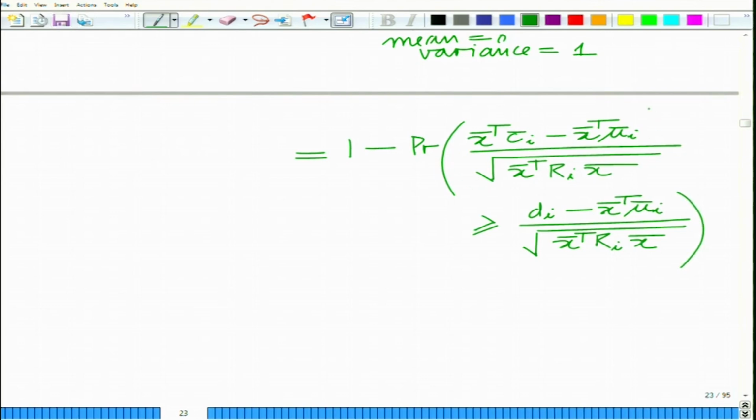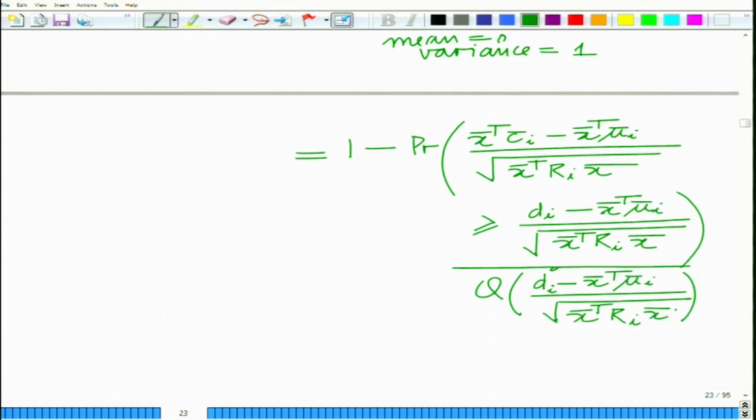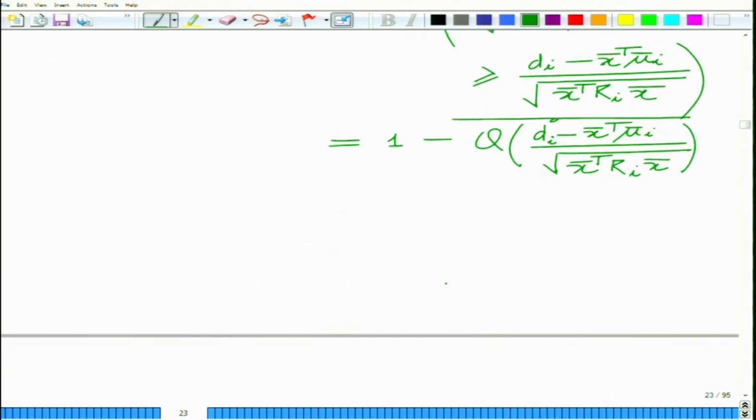Now we have the probability that the standard normal random variable, mean 0, variance 1, is greater than or equal to some threshold, which is given by the Q function. This quantity is nothing but the tail probability of the standard normal, equal to Q of (di minus x bar transpose mu bar I) divided by the square root of x bar transpose Ri x bar. Very elegant. And the probability is 1 minus that tail probability.